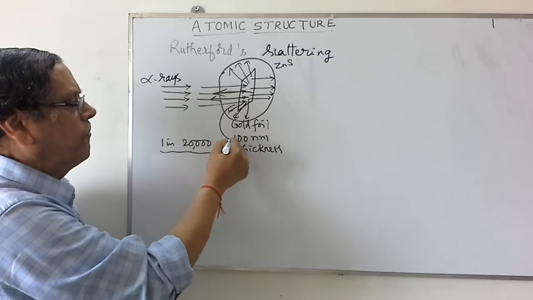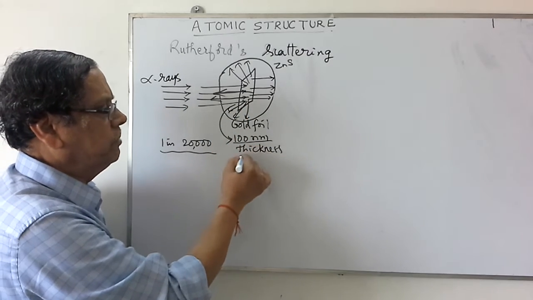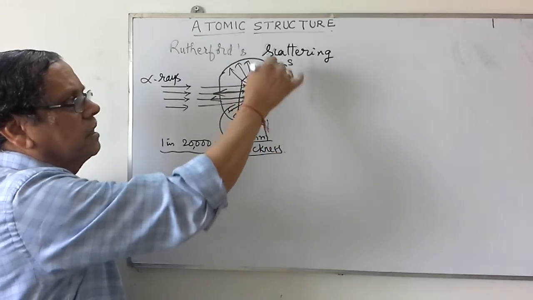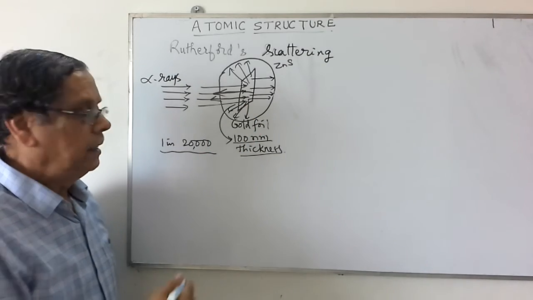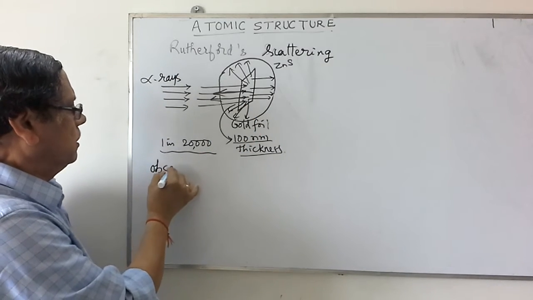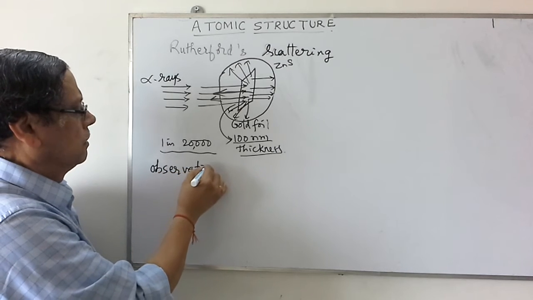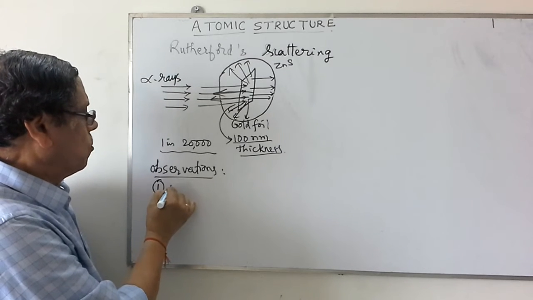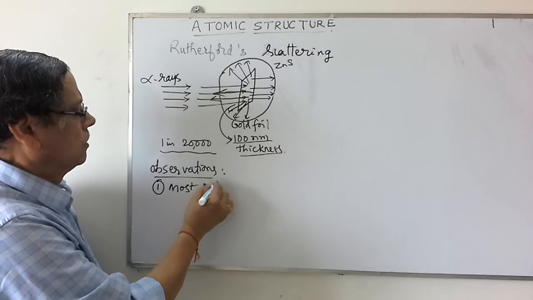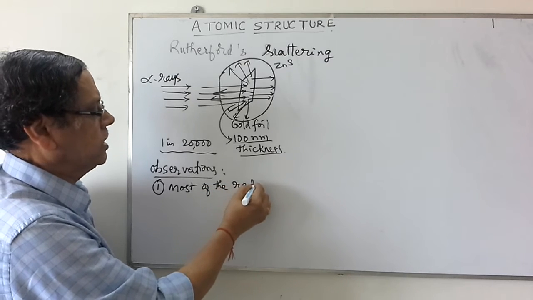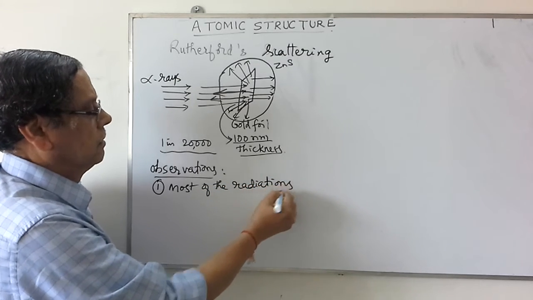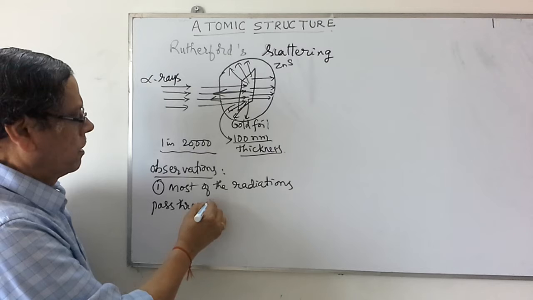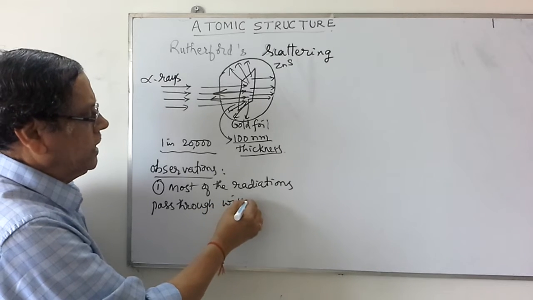So this Rutherford's scattering experiment consists of these alpha rays or alpha particles. This is the thin gold foil which is about 100 nanometer thick, and this is surrounded by a circular zinc sulfide screen. Then the observations he made were, the first one, most of the radiations pass through without any deflection.